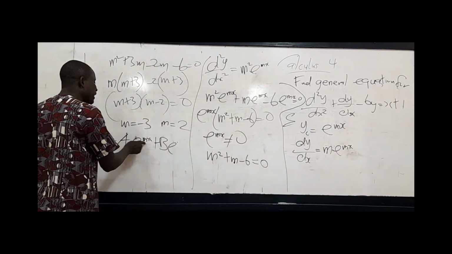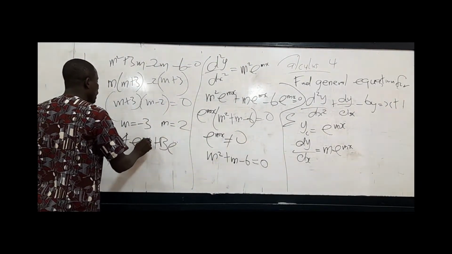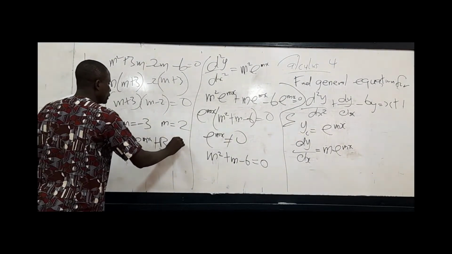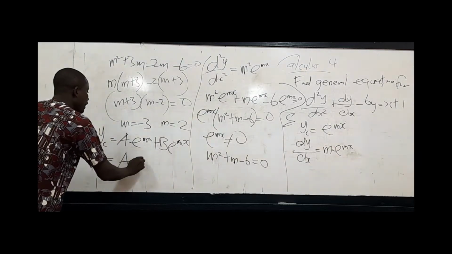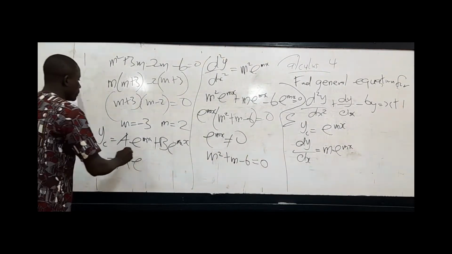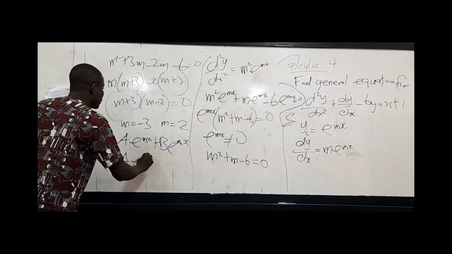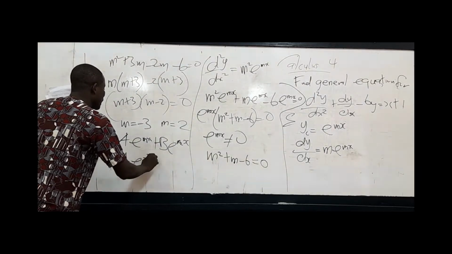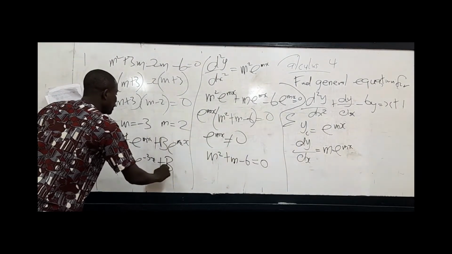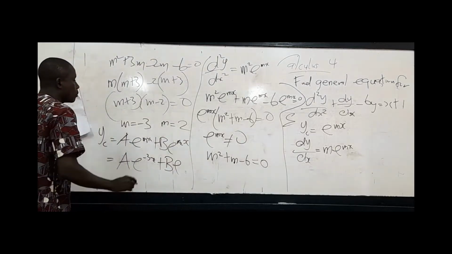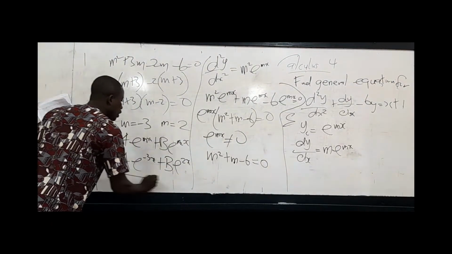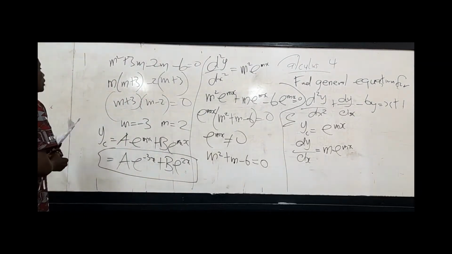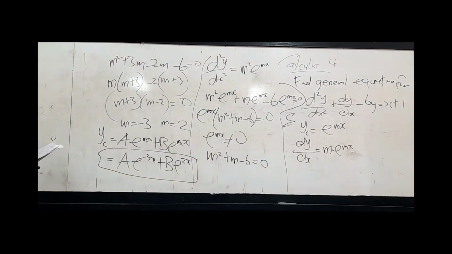Sometimes they use alpha and beta here. So it becomes A e^(-3x) plus B e^(2x). This is your complementary function.